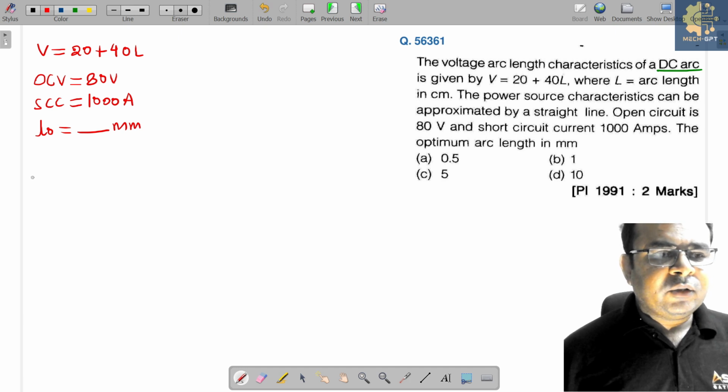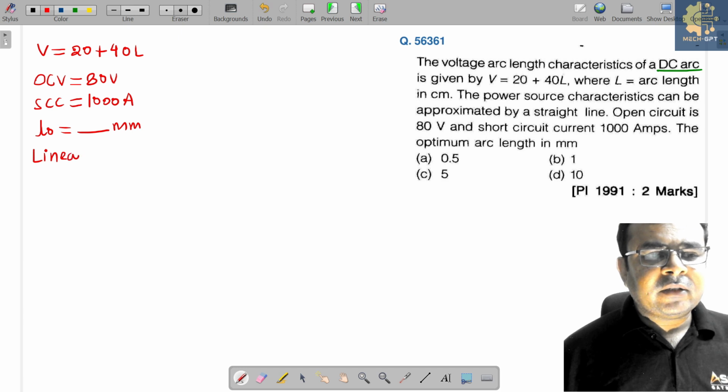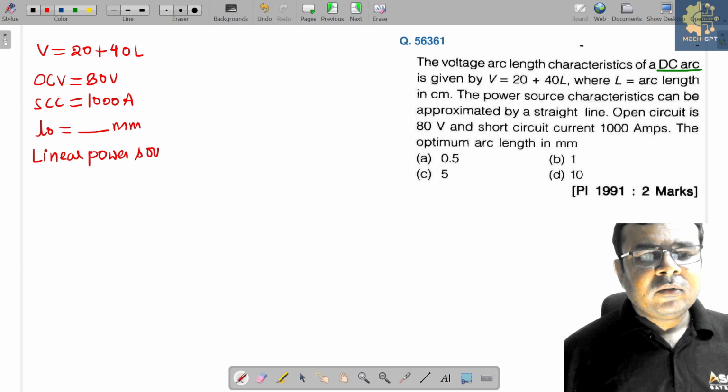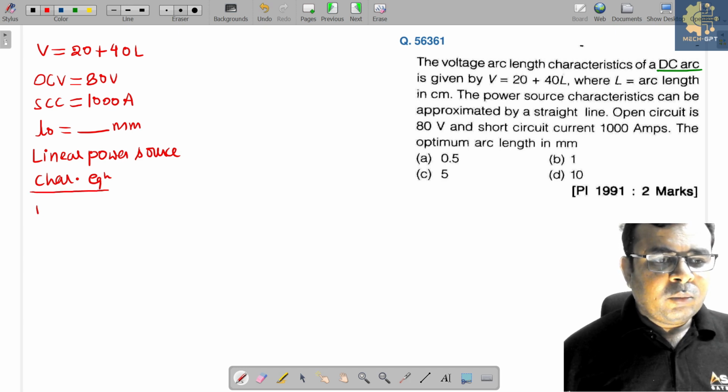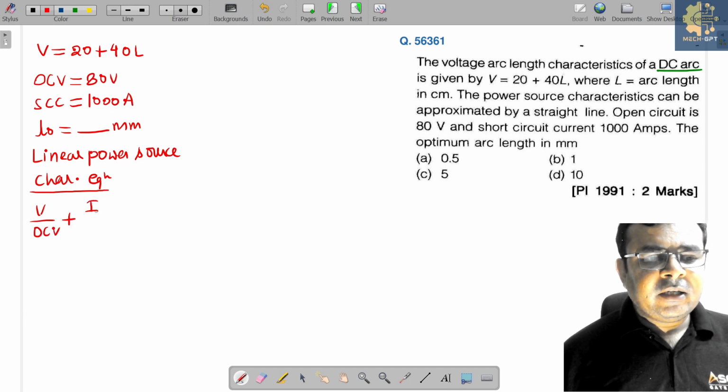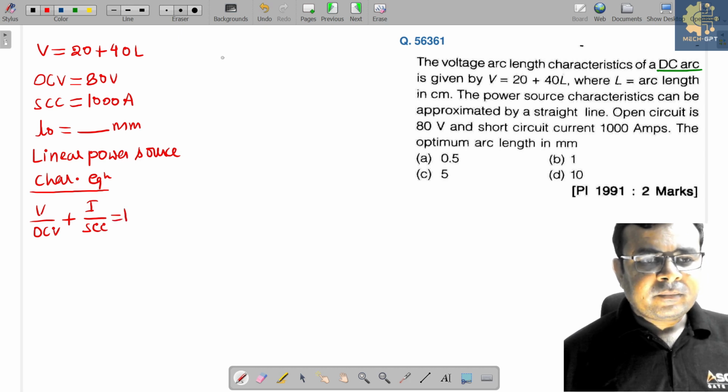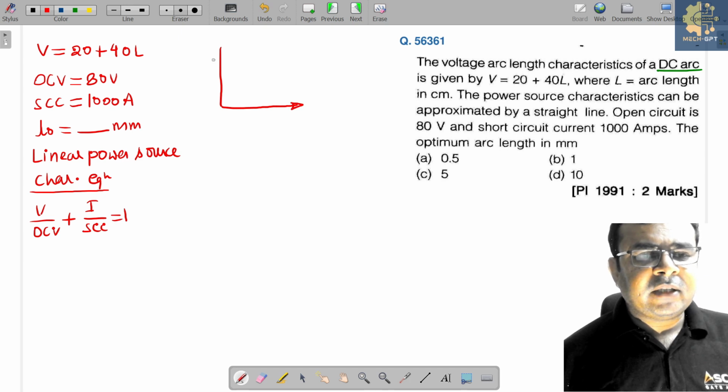As you know, the linear power source characteristic equation can be written as voltage upon open circuit voltage plus current upon short circuit current equals 1. If you forget this formula, you can just derive it.